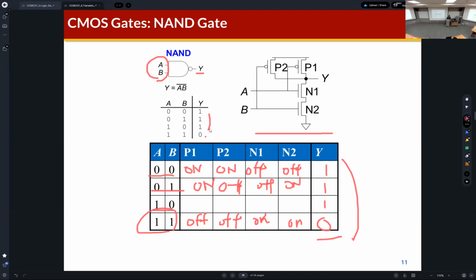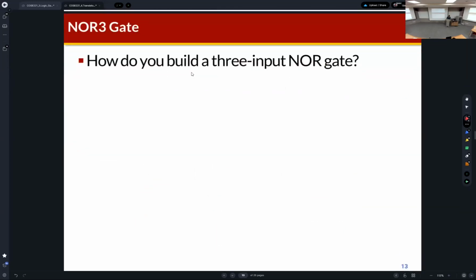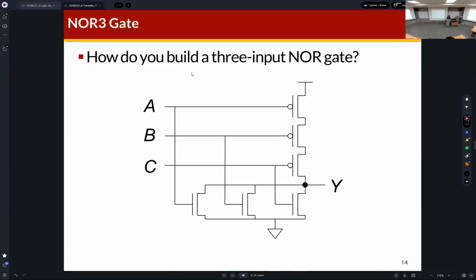The common part is the bubble. Okay, so the NAND gate, NOT gate, and NOR gate include a bubble, commonly, right? And then we can straightforwardly build the NOT gate, NAND gate, and NOR gate using CMOS transistors. And why do I explain this?